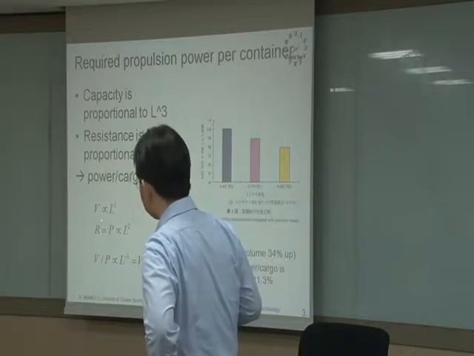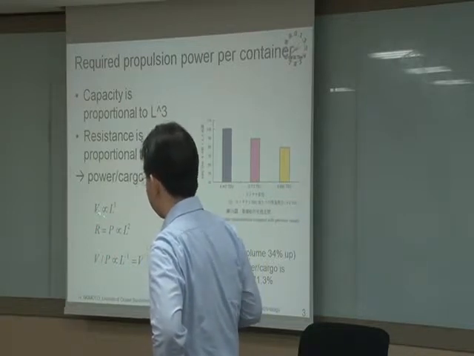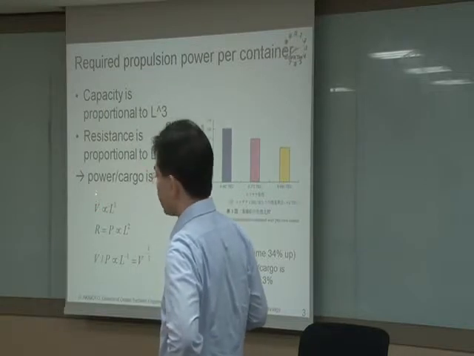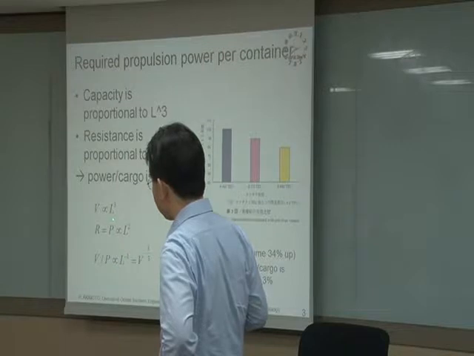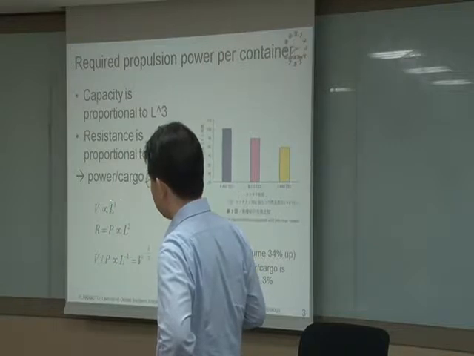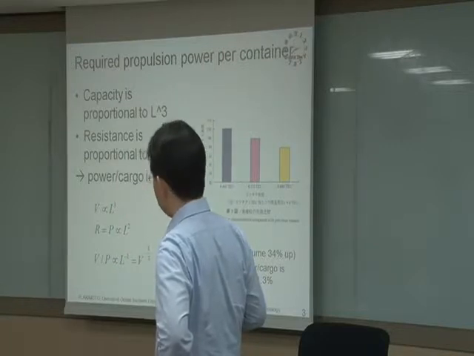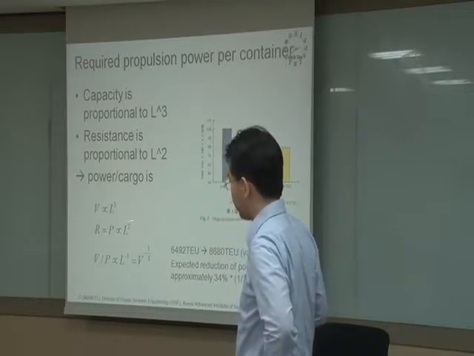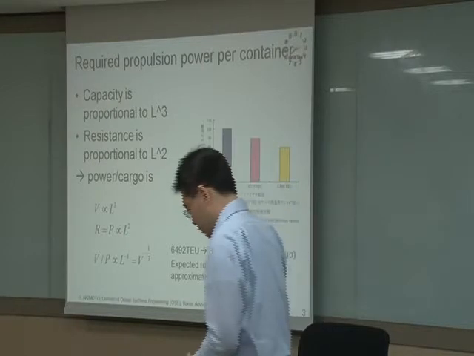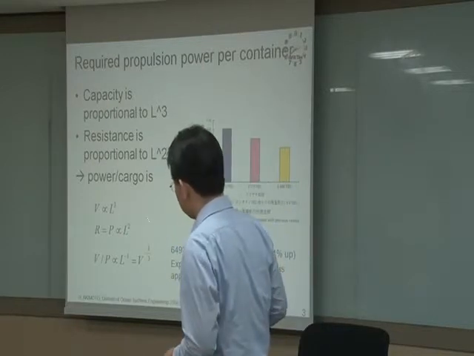It says this is not a velocity, it is a volume. So volume of the container vessel is proportional to the cube of the length. And resistance is proportional to the square because it is proportional to surface area. So the result is this one.